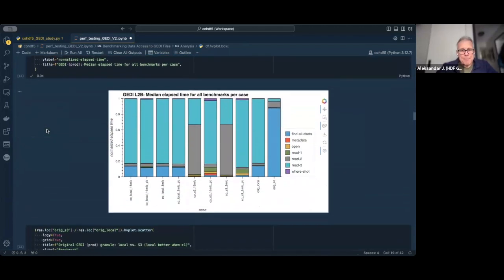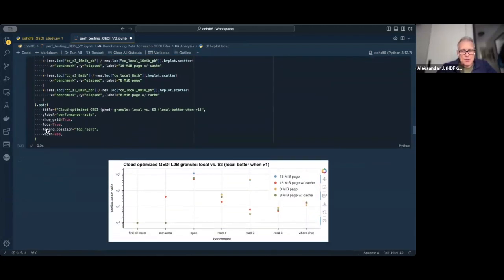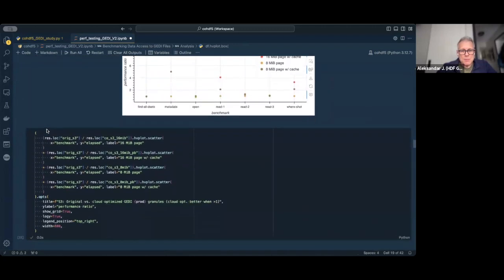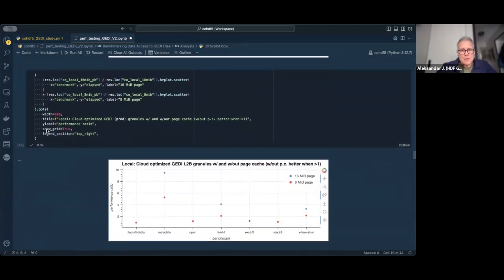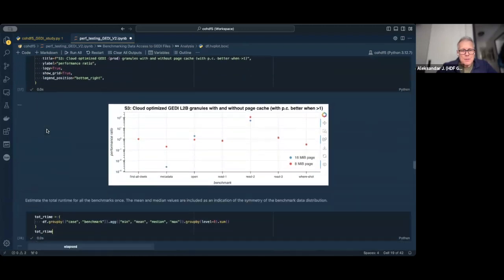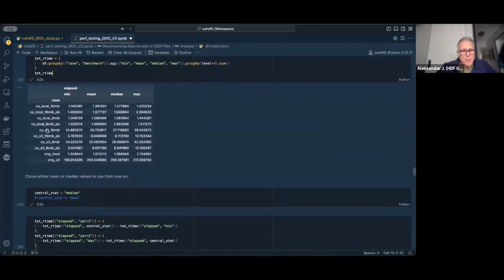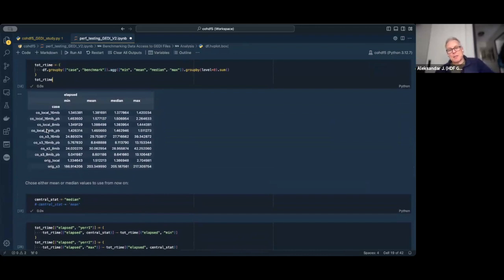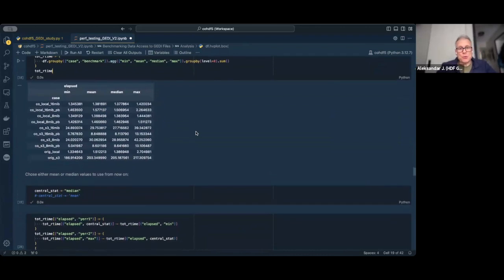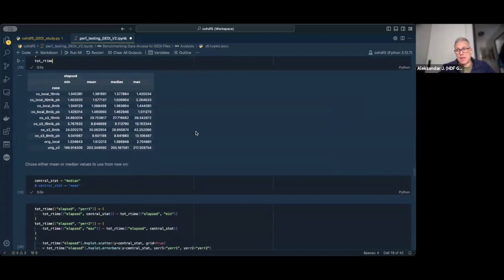Going forward, there were a lot of these plots. I'm not going to bother with this. There's too much detail. But here is the one big decision I had to make, and that was which statistic to use for this kind of average performance. Obviously there was an average or mean, or there was median.